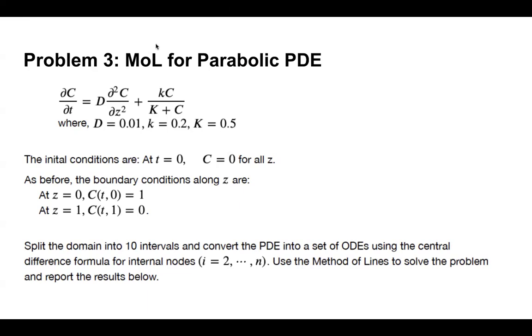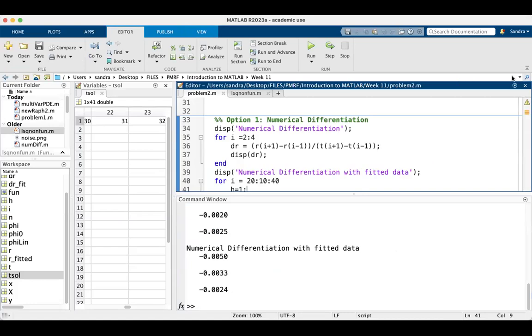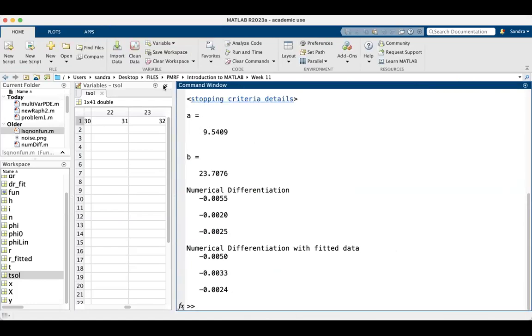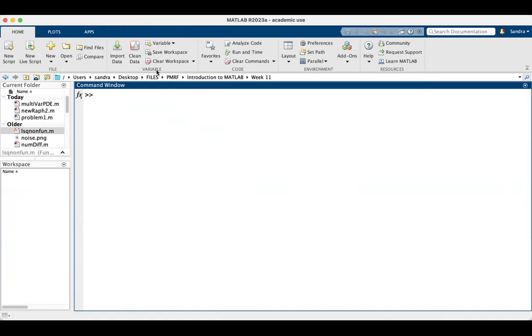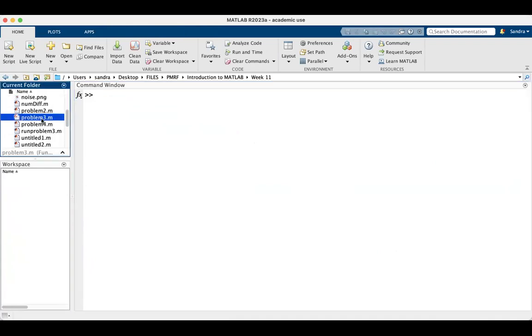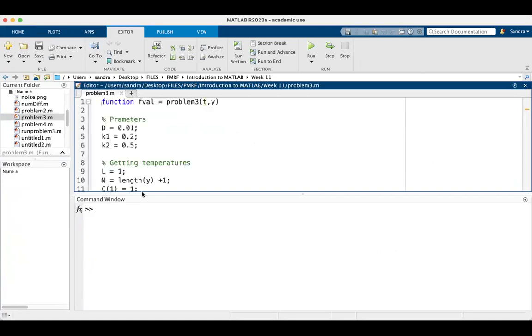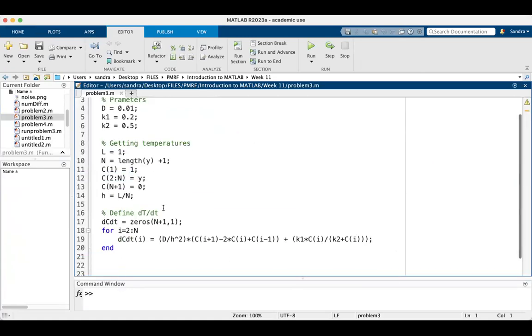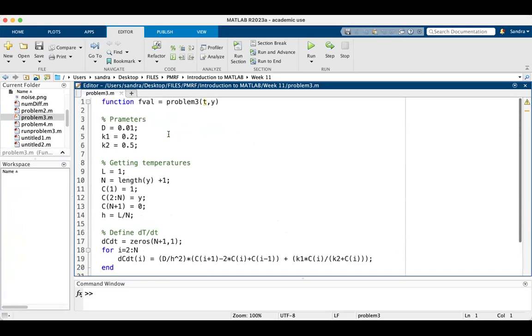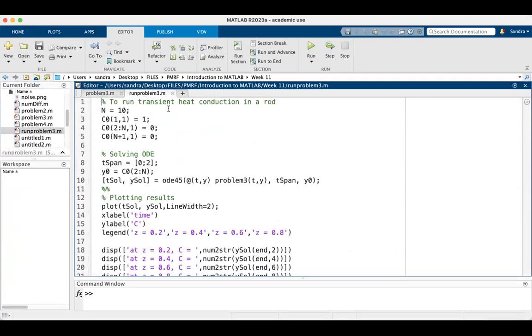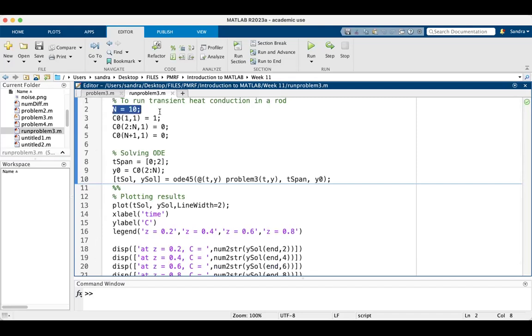So let's look at the solution for this problem. So first I'm dividing into 10 intervals.